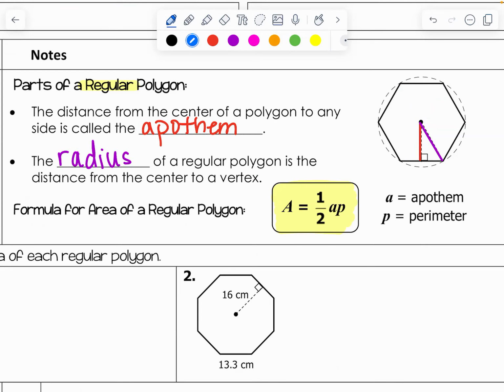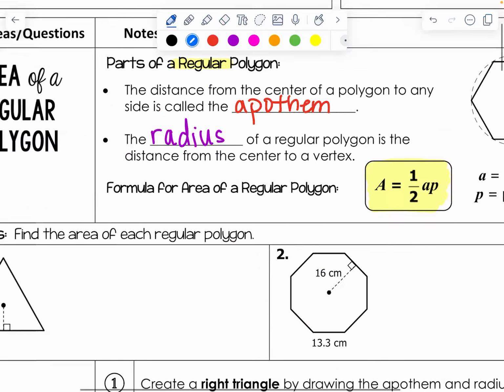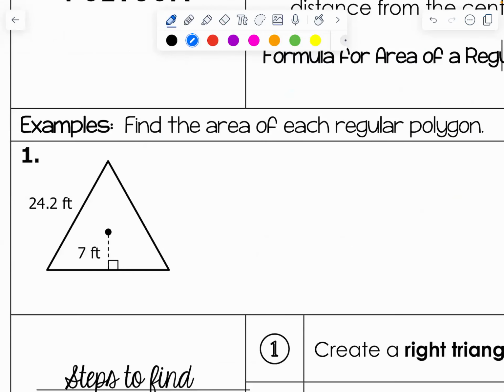Okay, so let's look at a couple examples where we are already given the apothem and a side length. Let's look at number 1. Number 1 is a regular triangle. It's an equilateral triangle, and I know we could find this a different way, but let's use this for simplicity. What is our apothem?